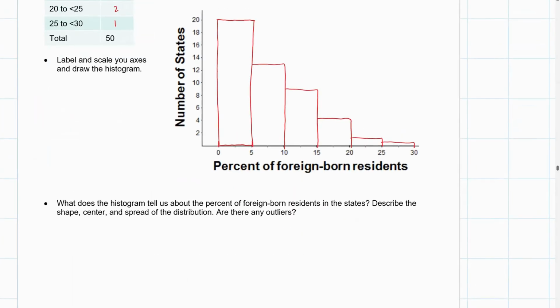Now, what do we do with this histogram? Well, we use our SOCS again. We're going to discuss the distribution by looking at the shape, outliers, center, and spread.